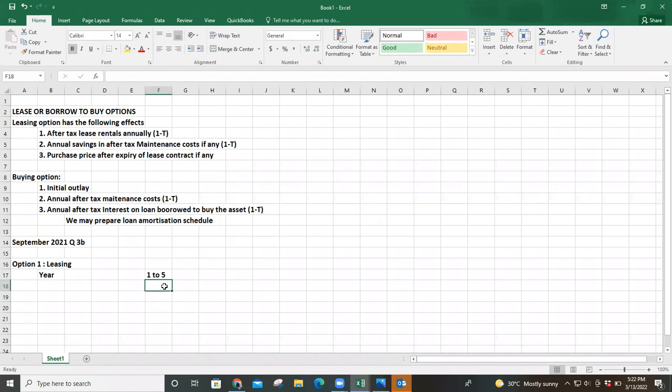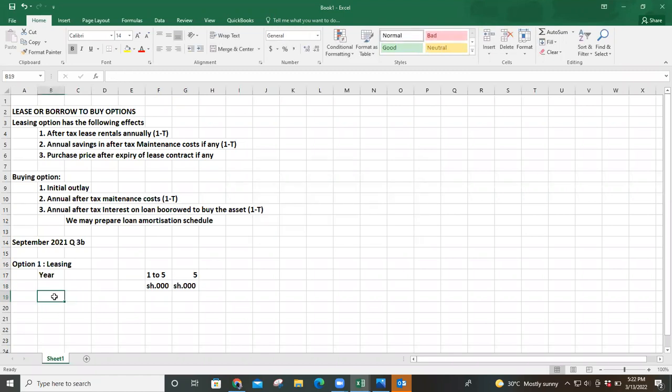We are going to lease that computer for 5 years. We have the cash flows, and we can have them in thousands of shillings.